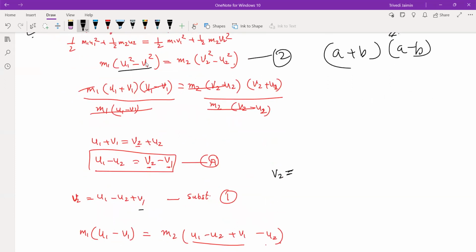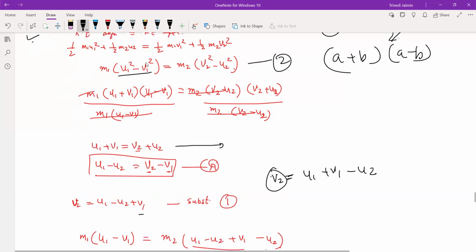So I have to separate v2. Yeah, find v2. What will be v2 here? v2 is u1 plus v1 minus u2. Right? Substitute this v2 value in equation number 1.